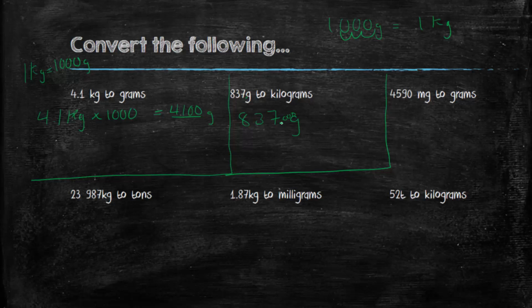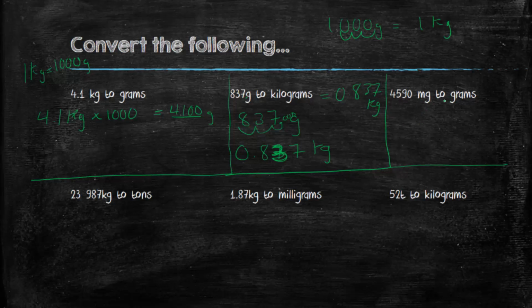So if we move the decimal 3 places, the answer is 837 grams equals 0.837 kilograms. Cool? So we're dividing by 1,000.